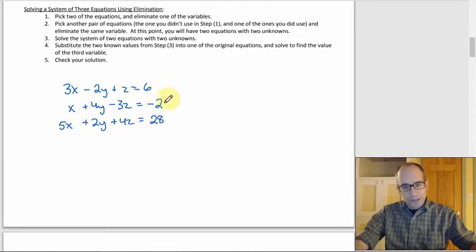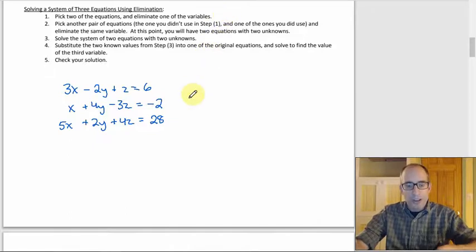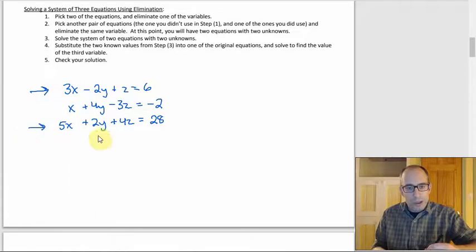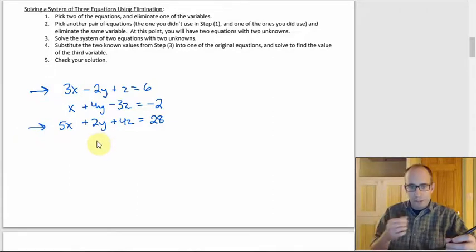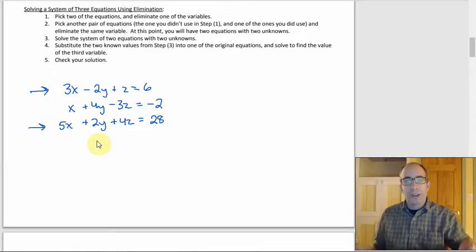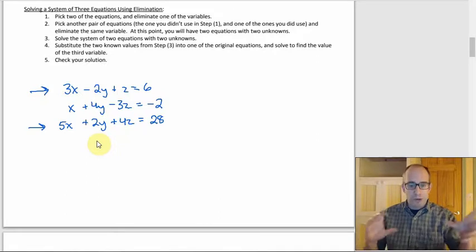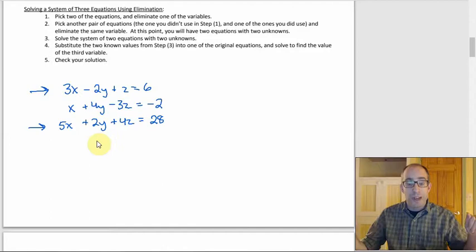If I was going to do this, to eliminate one of the variables, I would pick the first and the third. The reason is that the way you eliminate one of the variables is by manipulating one or both of the equations, multiplying both sides by the same number and then adding them together, where you try to add one of the variables out, right?